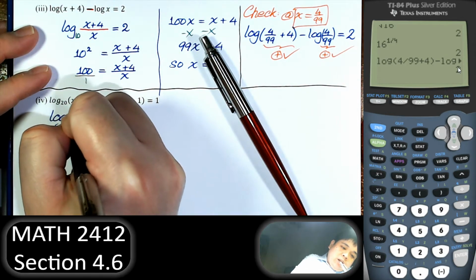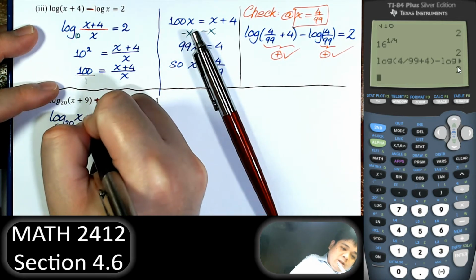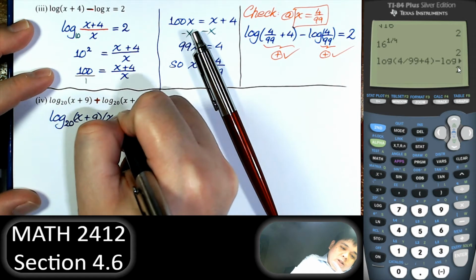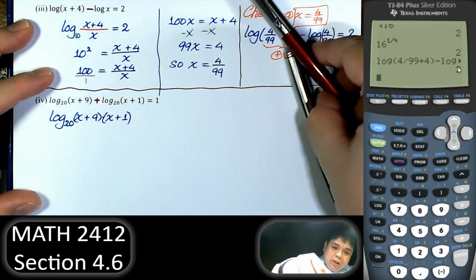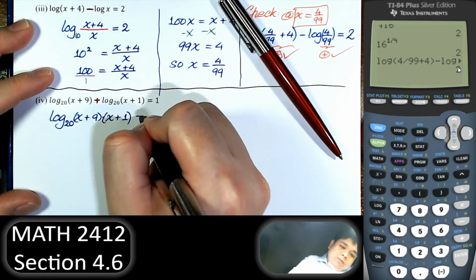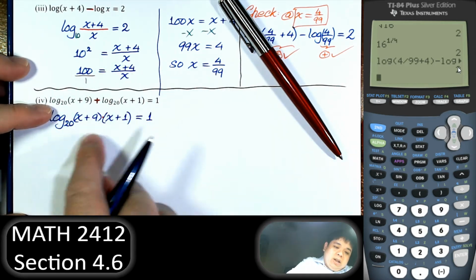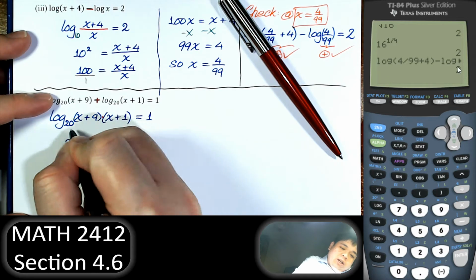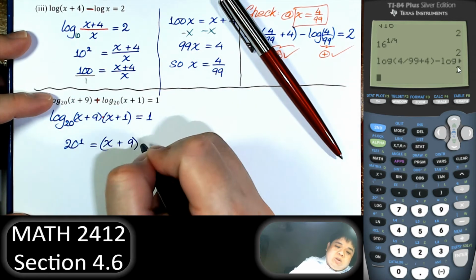Log base 20 of x plus 9 times x plus 1 equal to 1. Now we swap to exponential form. 20 to the first power equal to x plus 9 times x plus 1, which goes to the other side.